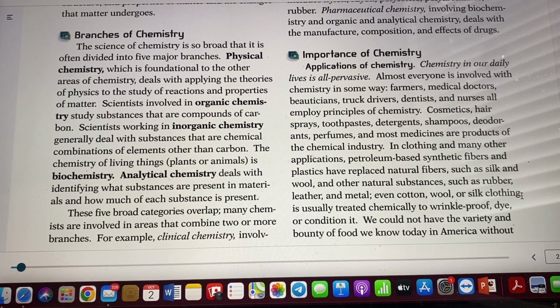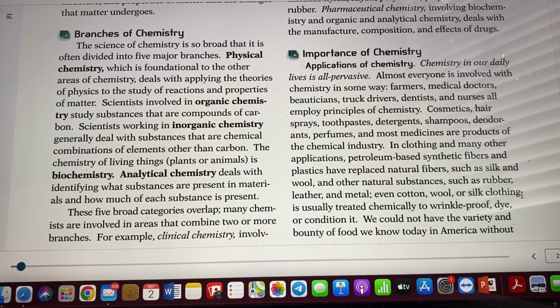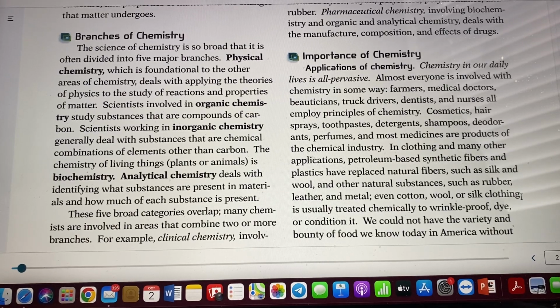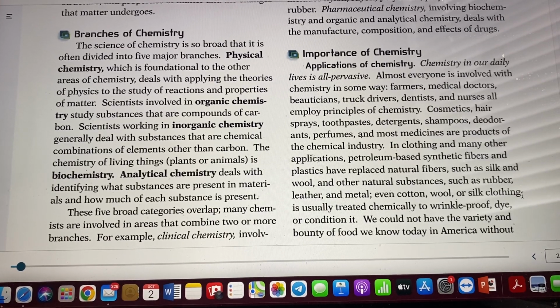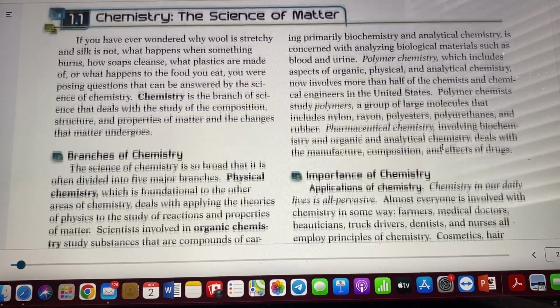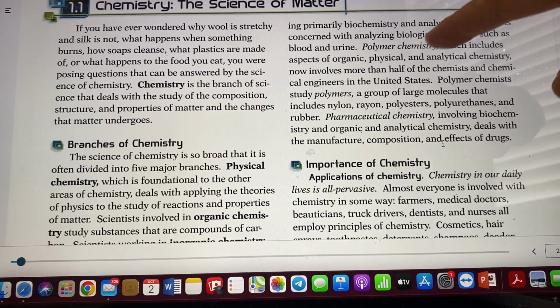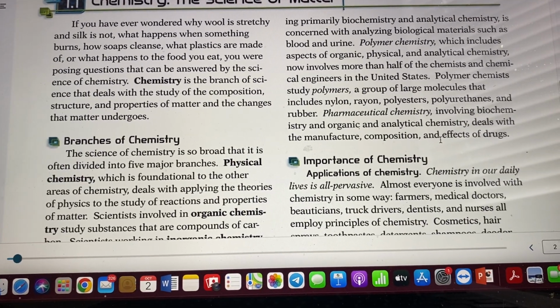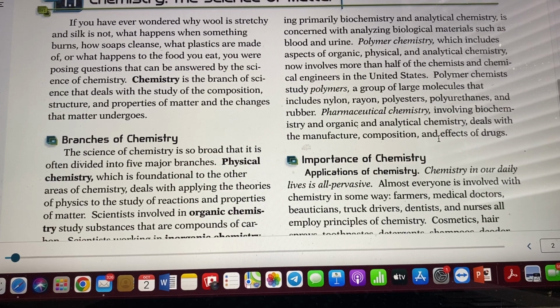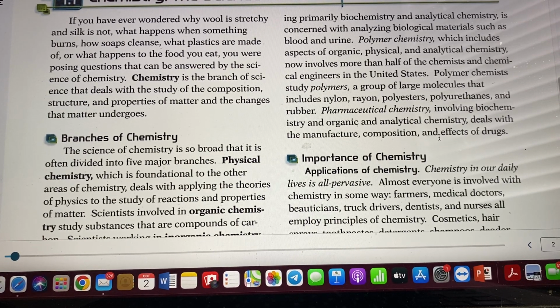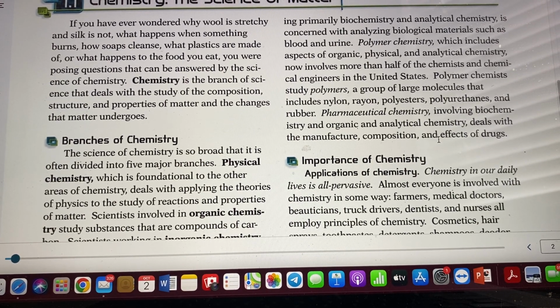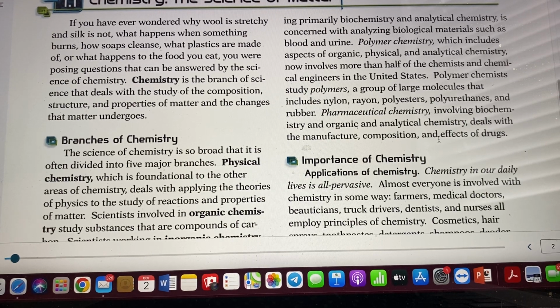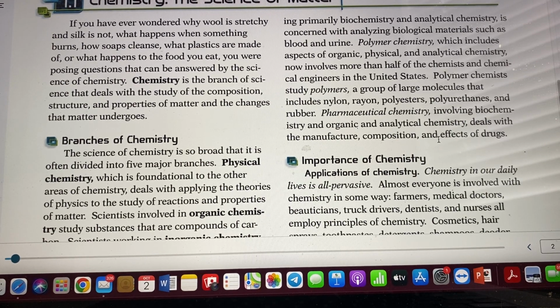So first of all, we also have combinations of some of these basic branches of chemistry. We have them combining to form other branches of chemistry that are listed here. We have clinical, which means it's biochemistry, and you put it together with analytical, and you analyze blood and urine. That's clinical.